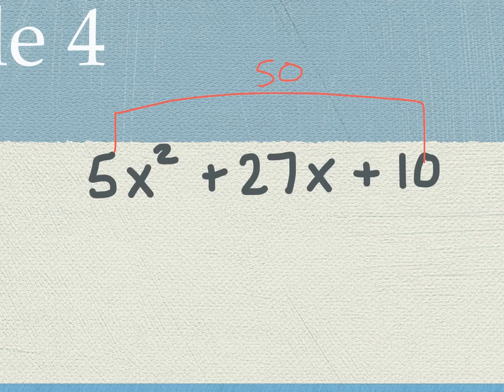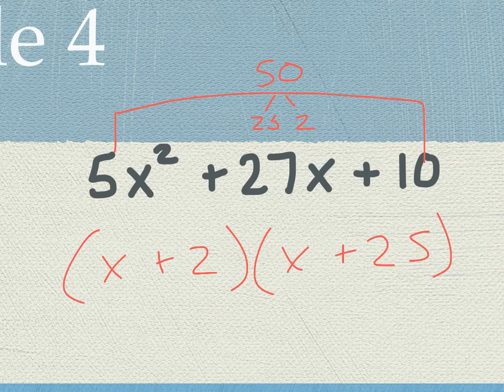We need two factors of 50 that add up to what? 2 and 25. What do we do next? X plus 2 and x plus 25.